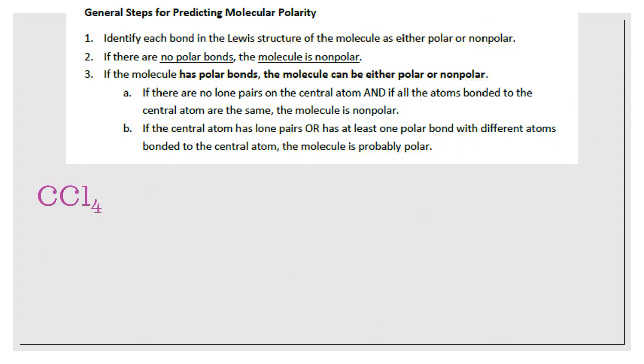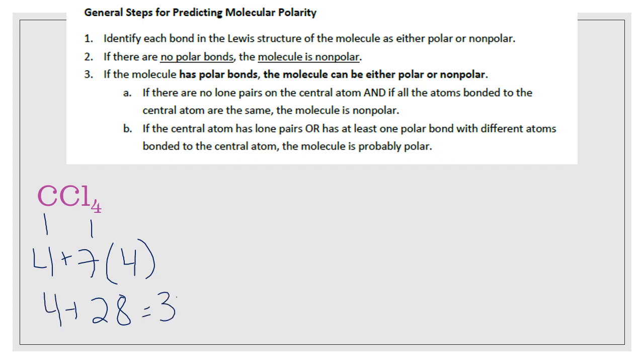Okay, next example. So first, let's draw the Lewis structure for CCl4. Carbon has 4 valence electrons, chlorine has 7, and there are 4 of them. That's 28, 28 plus 4, 32 electrons, or 16 pairs. So carbon in the center.